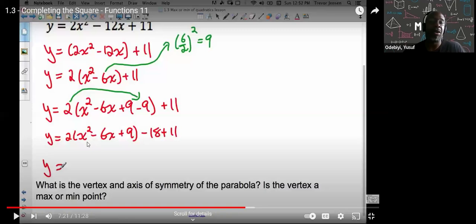Okay, so looking at this bracket, can anyone tell me what would be the answer here? This looks like a difference of square. So what would be the answer here? Look for 2 numbers that multiply to give you plus 9, and when you add them together, they give you minus 6. What 2 numbers are that?